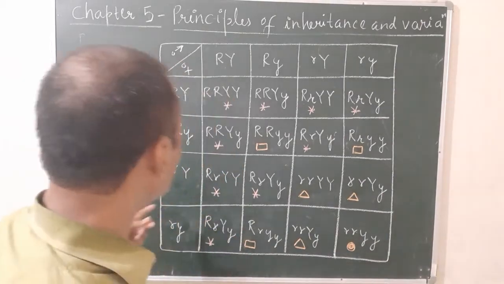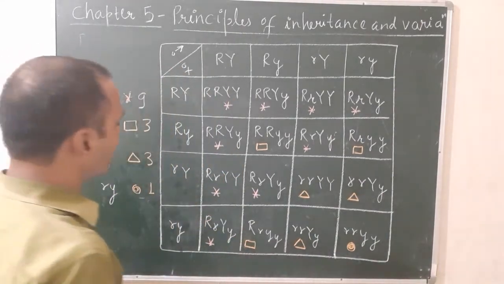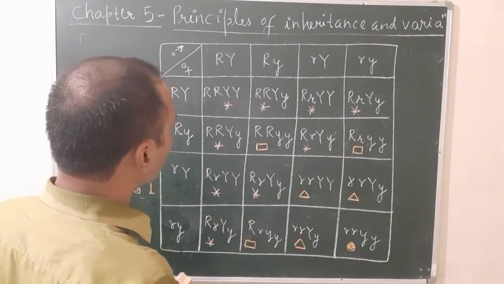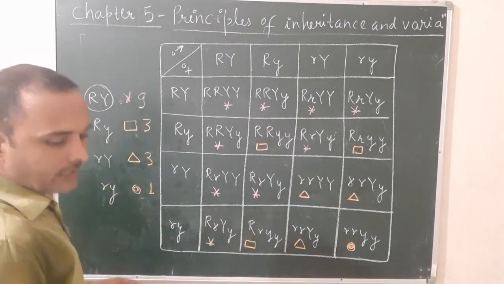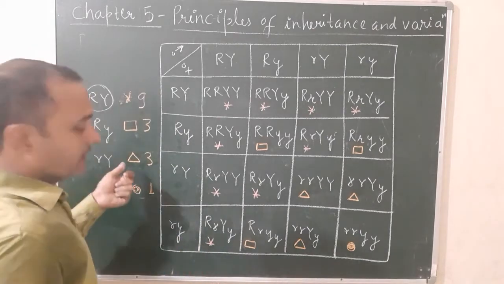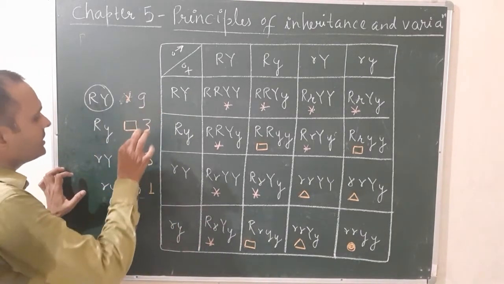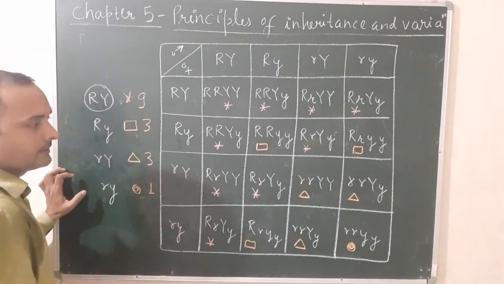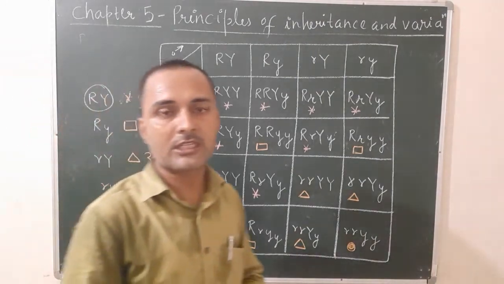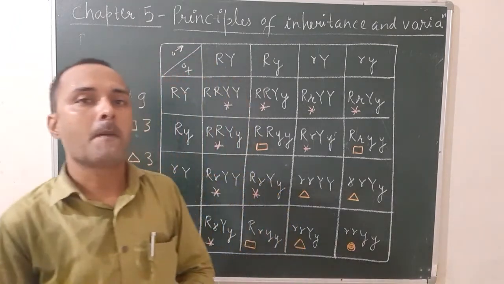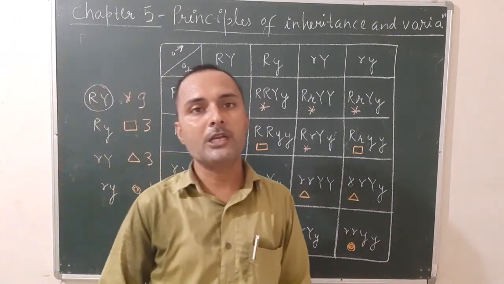After this Punnett square, you can write down the possible combinations of phenotype, which will be 9:3:3:1. In the next class, we will discuss the genotypic ratio of Mendel's law of independent assortment.